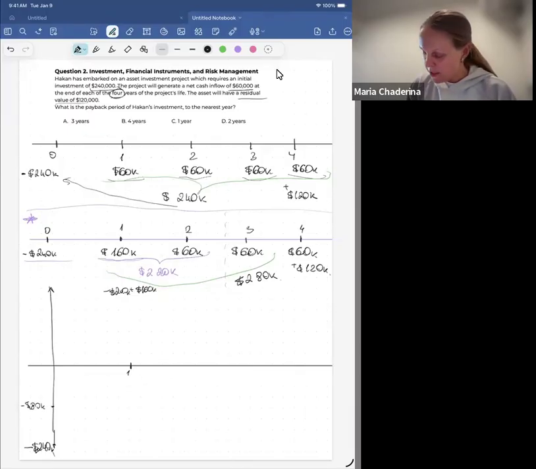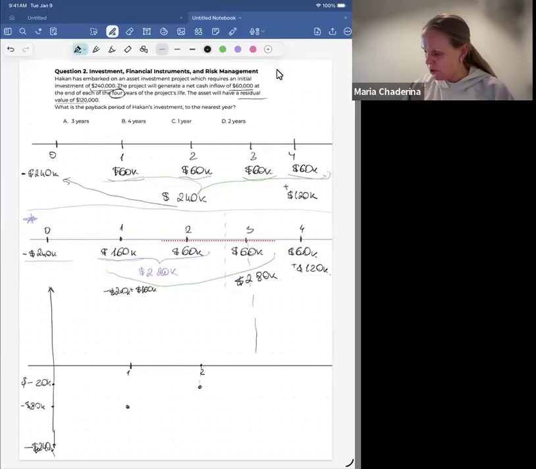Okay, so I'm still in the minus. Now in the second year, I'm going to add 60 to that. And so I put the dot for minus 20. So I have minus 20,000 still cumulative. So I have 20,000 to cover.